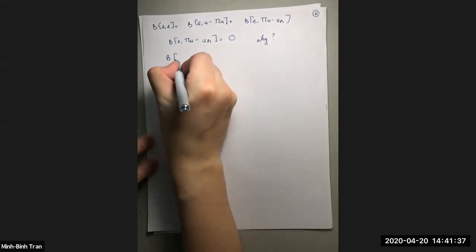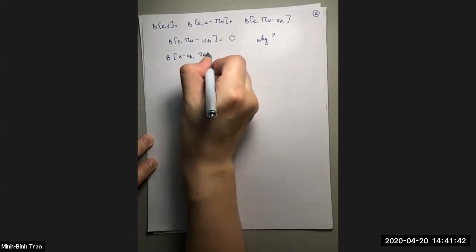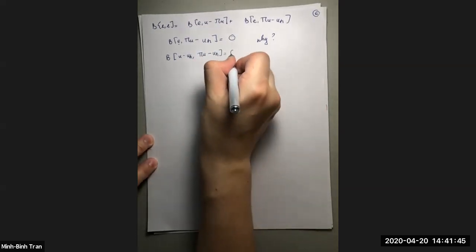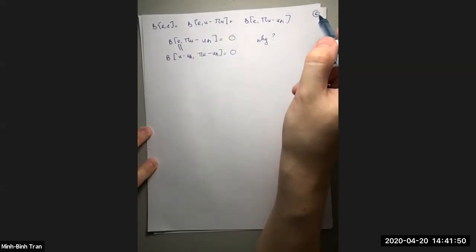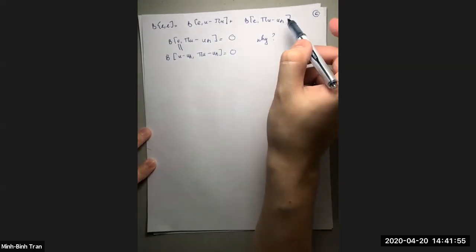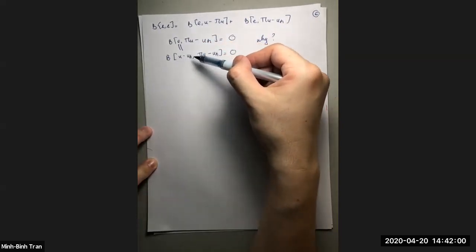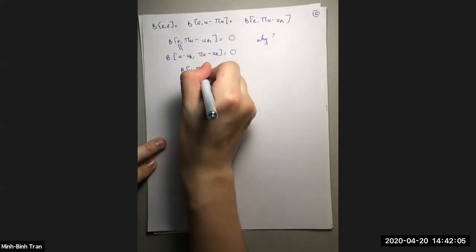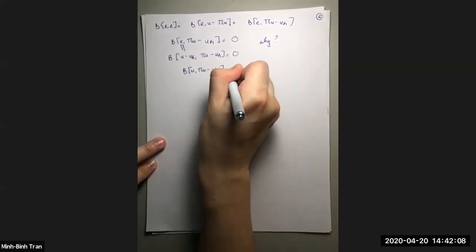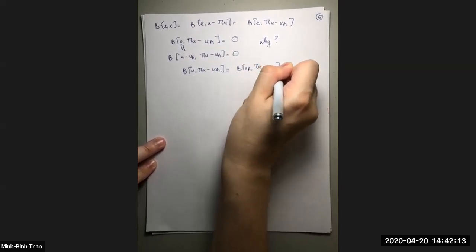This second term is B of E, pi U minus UH, where E is U minus UH. This is the definition of the error: the difference between U and UH. We want to show that the second term is 0. So I write out B of U minus UH, pi U minus UH, and then this is B of U, pi U minus UH minus B of UH, pi U minus UH.